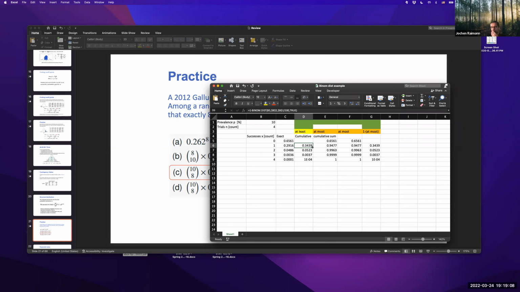If you want at least one individual, you need the probabilities for 1, 2, 3, and 4. So this is the inverse: this is 1 minus the exact probability of having no successes, so 1 minus the exact count for 0.